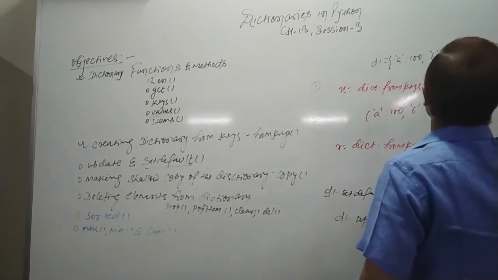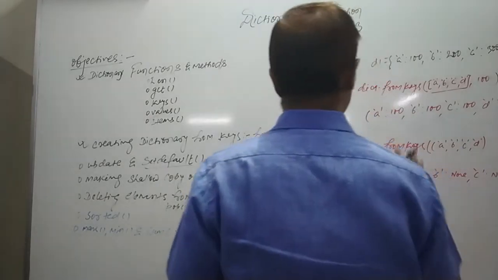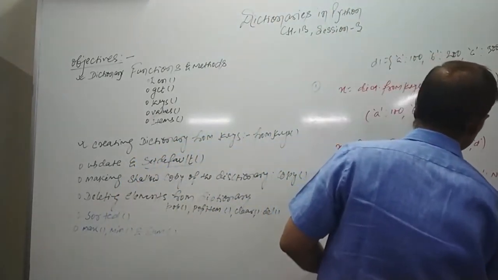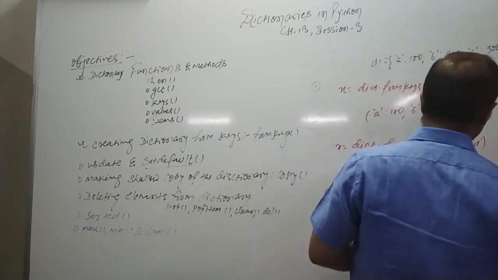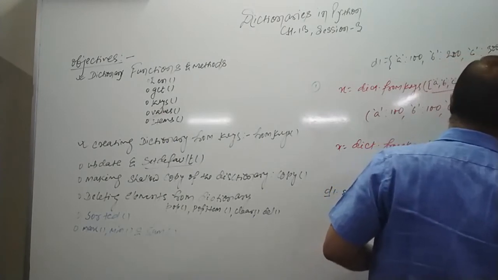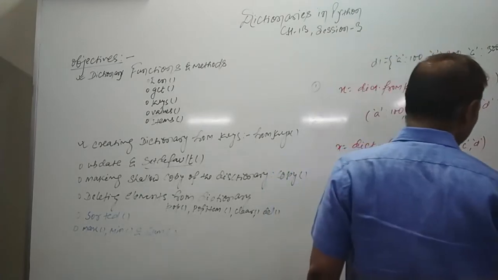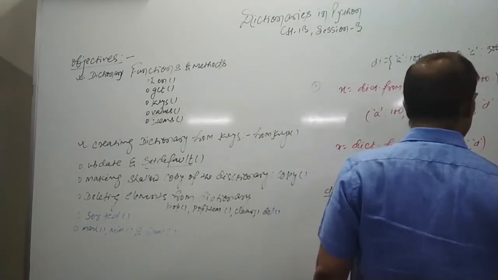Suppose this is my dictionary, it is there already, and I want to make a copy. So my command will be d2, the dictionary that I'm going to create, equal to d1.copy(). What I'm trying to do is make a copy of d1 and store it in d2.